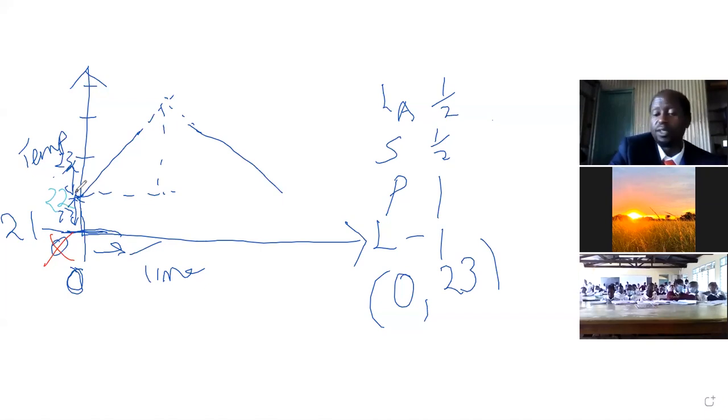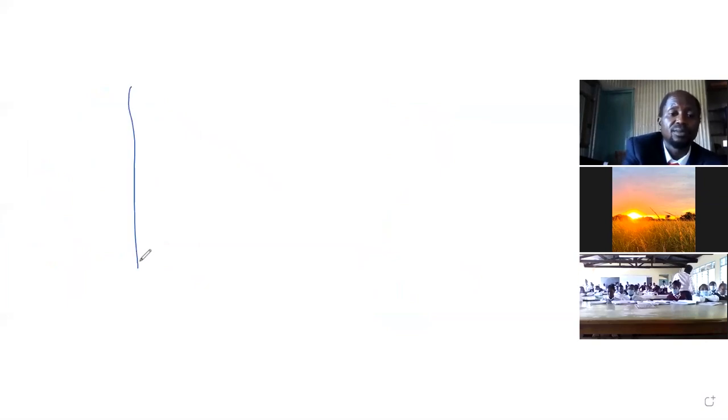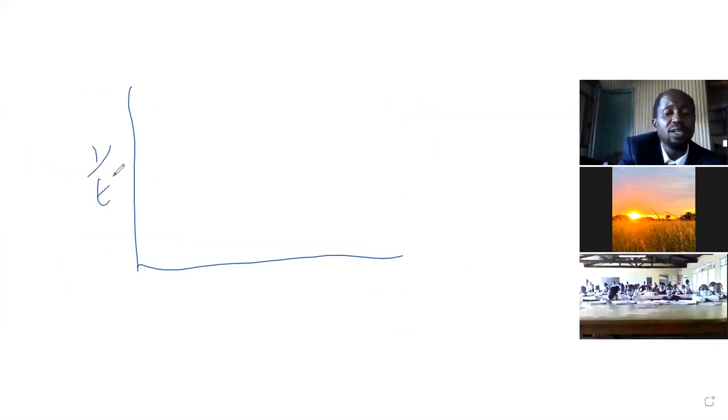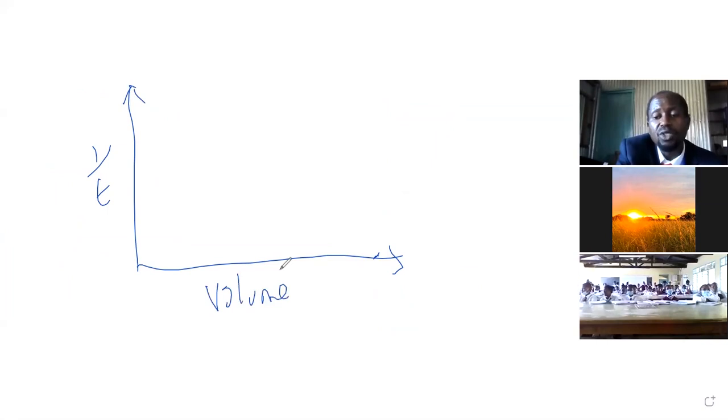Now, the other graph is on reaction rates. All graphs of reaction rates that have 1/T plotted against either volume or concentration are straight line graphs that pass through the origin.